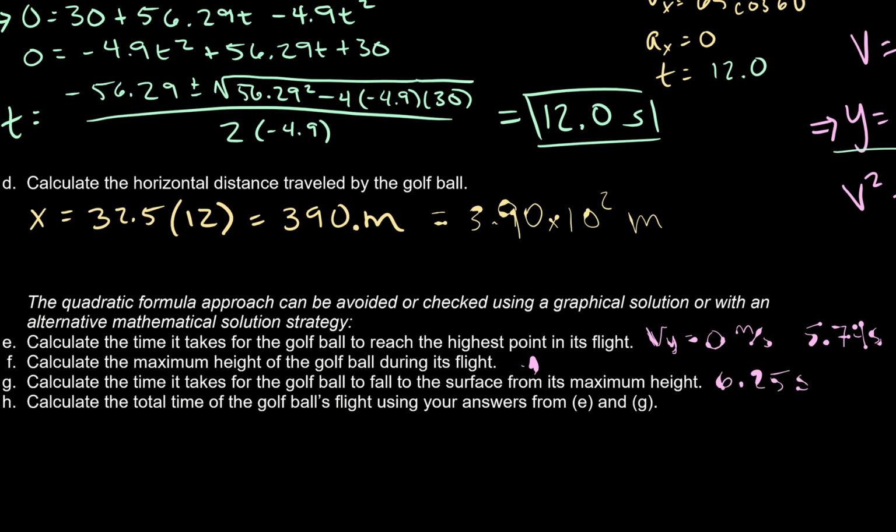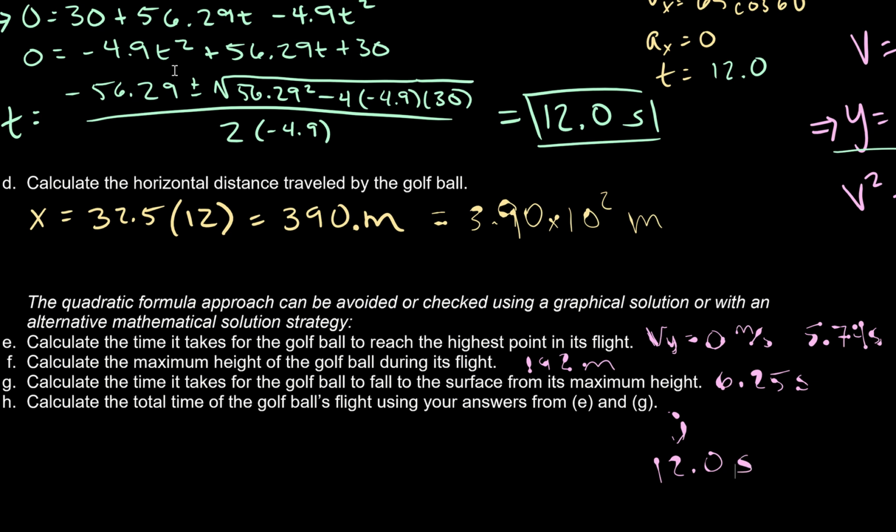And the max height is going to be 192 meters. Again, hopefully you can read this. And then for the total time, you just add the two together from E and G, and you get 12 again. 12.0 seconds if you carry out all the decimal places.